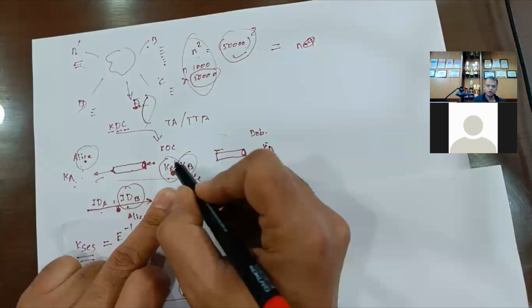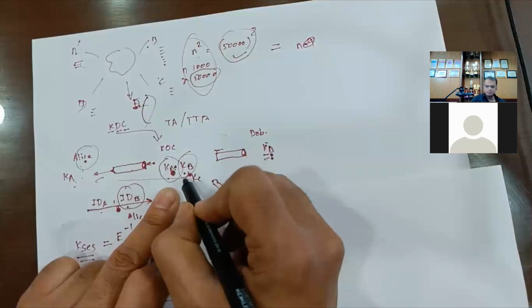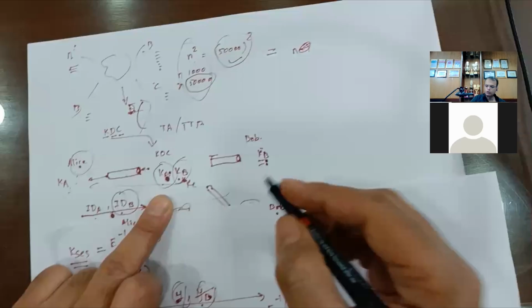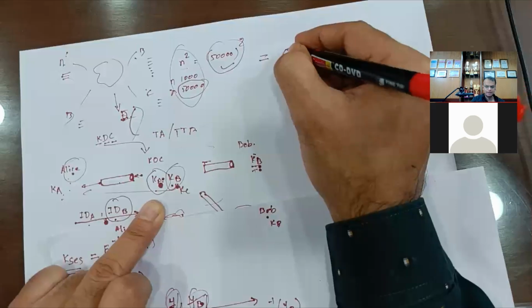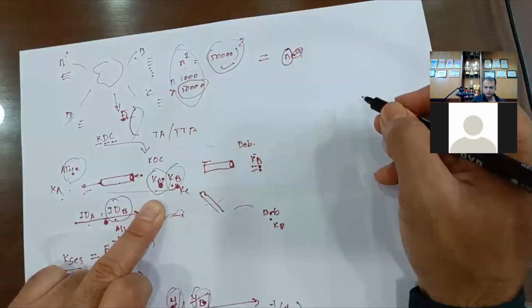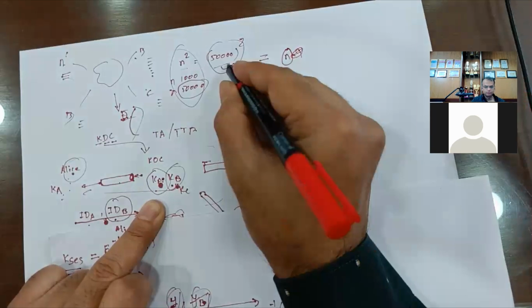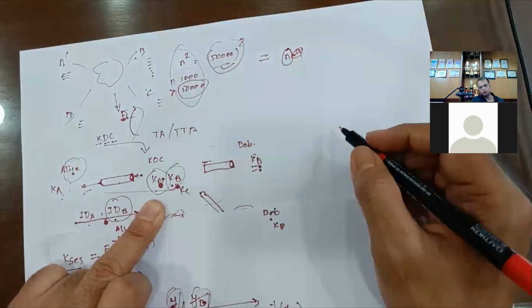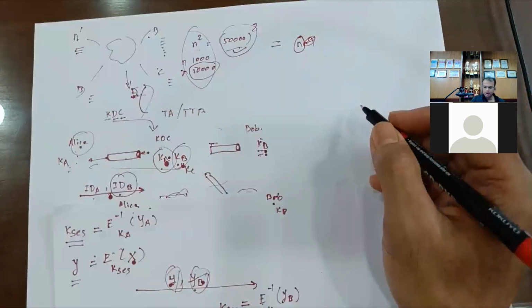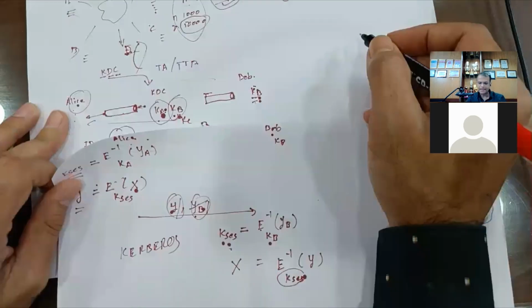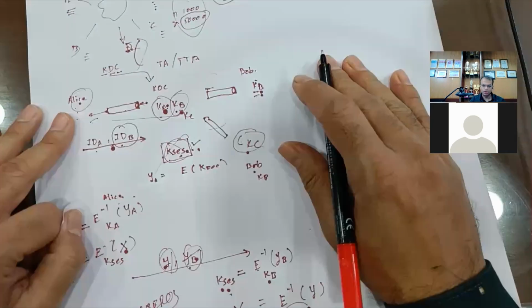Now KDC has to handle as many keys as the number of users. So we are talking about only n keys in the system instead of n squared, which is quite a good optimization, right?